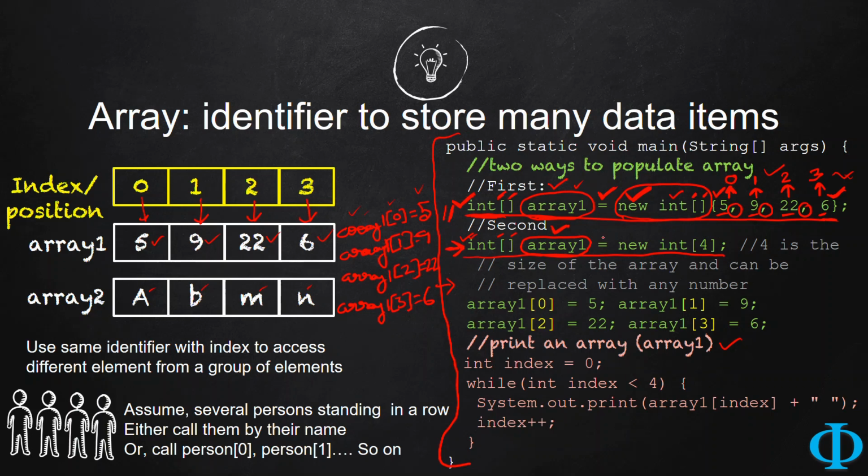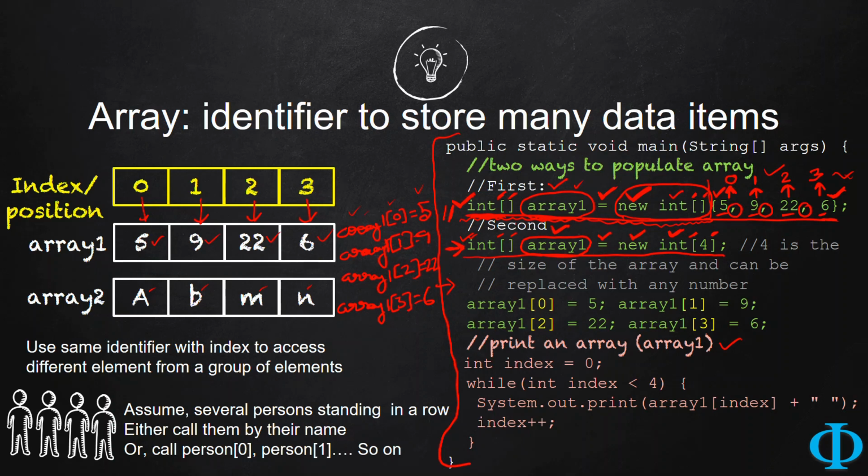And now it is the time to make the array ready for holding some variables. In order to do that, first, of course, just as before, you have to use an assignment operator, that is an equal symbol, followed by a new keyword, and then an integer, that is what type of variable you want to store. And then again, another set of opening and closing box brackets. Everything is same as before, what we have seen in this line, starting from here until here, except the actual assignment part.